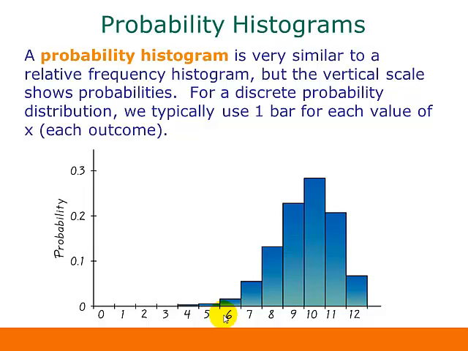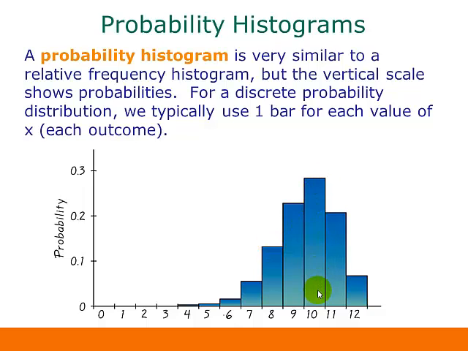Here's an example of a probability histogram, and this would be the case where these are all possible values of x, everything from 0 up to 12, and each one is represented by 1 bar. So for example, the probability of the outcome 8, according to this histogram, would be about 0.12.